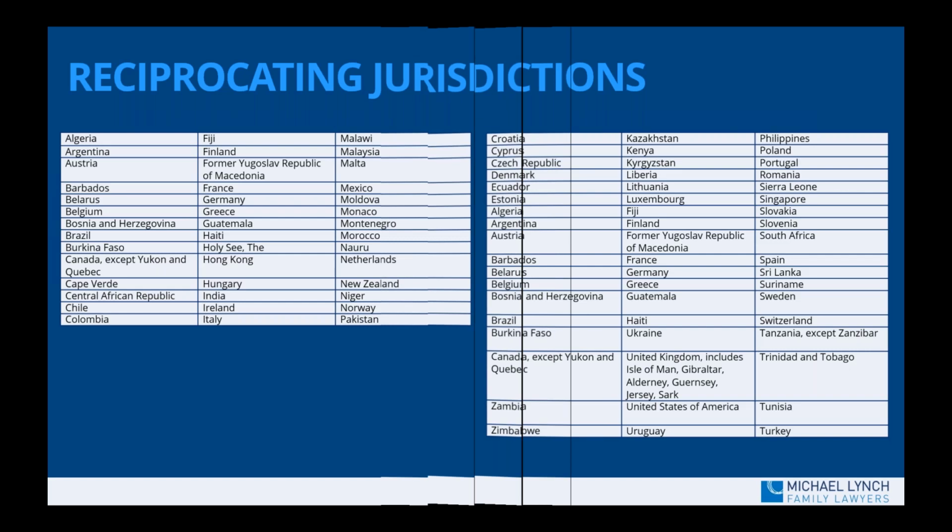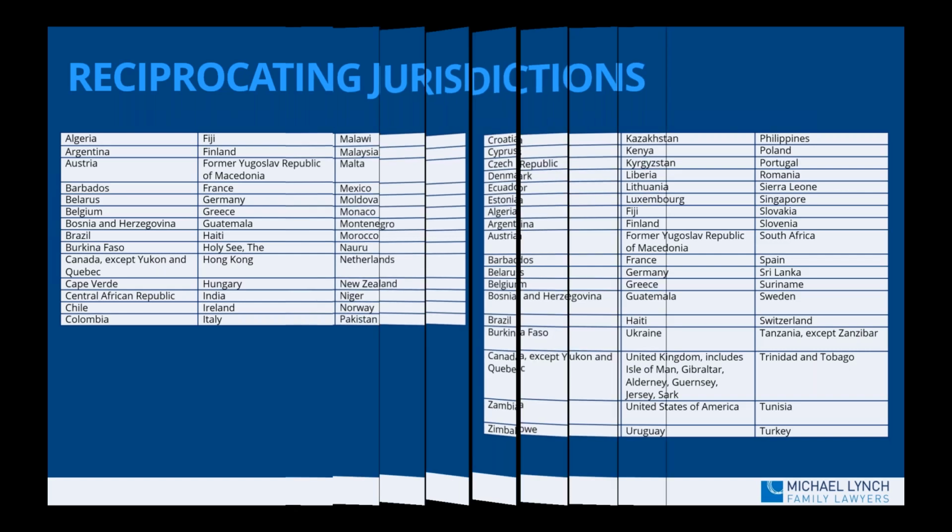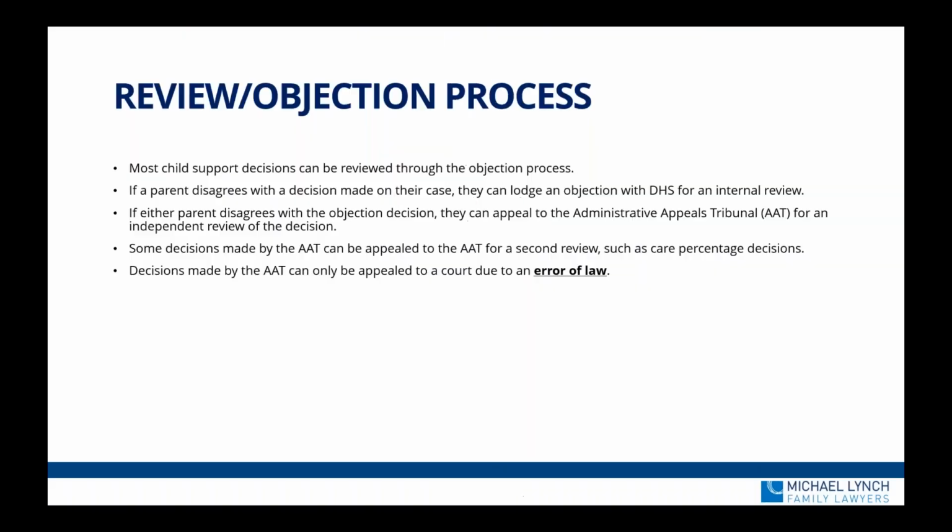The review and objection process. This is where it becomes quite complicated. So most child support decisions can be reviewed through an objection process. So once there's been an administrative assessment made, any objections can then occur. Most can go through the review process.